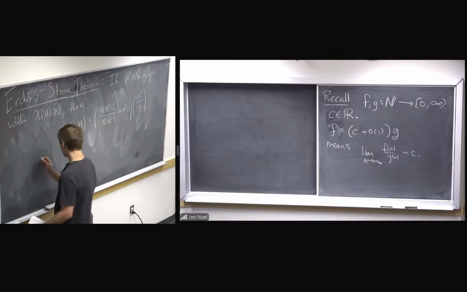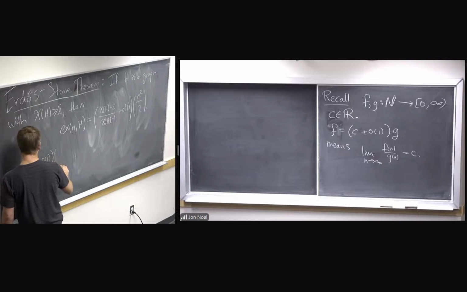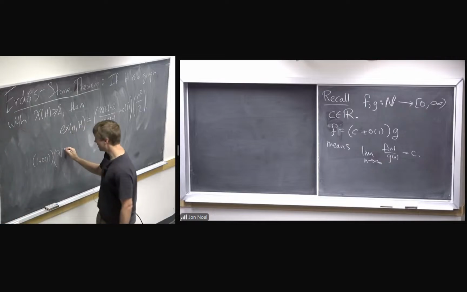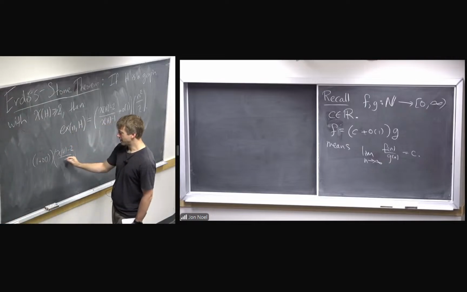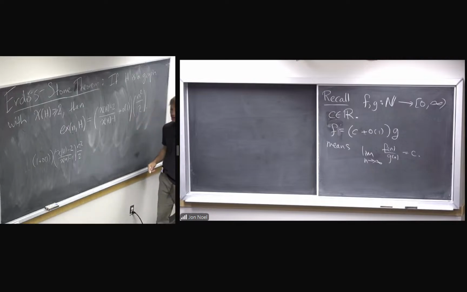So here's the error. Last time I wrote this, 1 plus little o 1 in the front, chi of h minus 2 over chi of h minus 1, and then n squared over 2, which is almost the same thing.